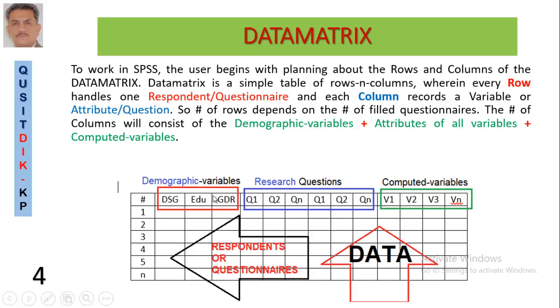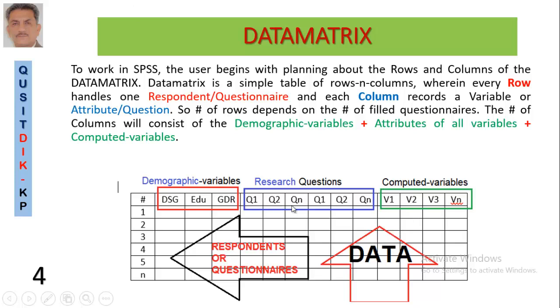Likewise the columns, for example, the designation as a demographic variable in column 1, education in column 2, gender in column 3, and likewise all the questions related to the 4 or 5 variables in the research model. They can be 20 or 30 or 40 or more. They will start from here, question 1 to question N.